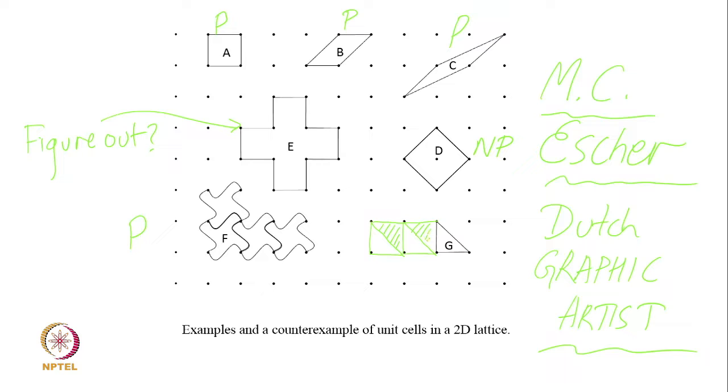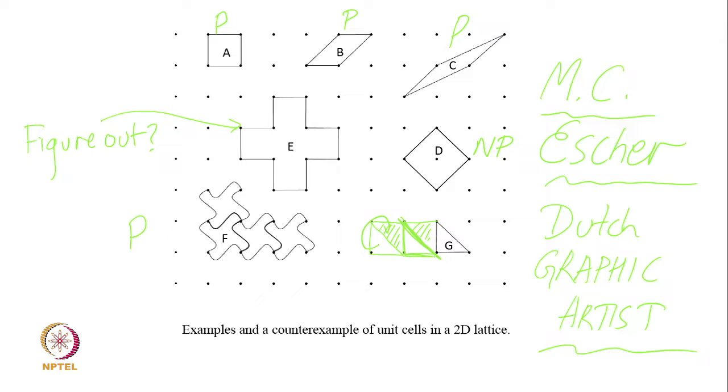I can get this triangle by rotating this triangle or maybe reflecting in this edge, but that is not an allowed operation in the definition of unit cell. Unit cell should repeat by translational symmetry.